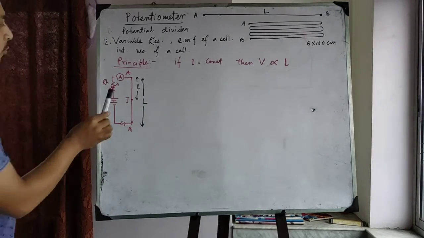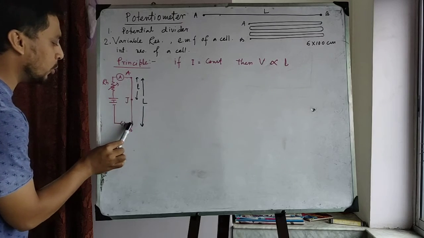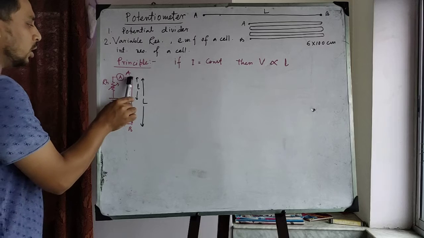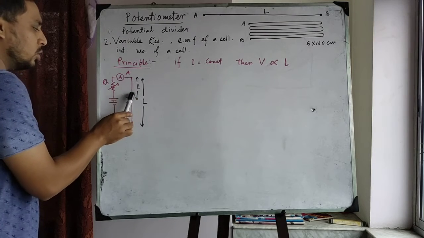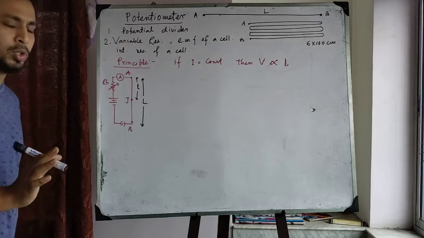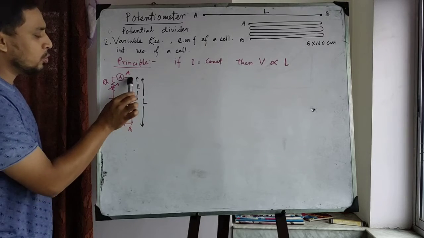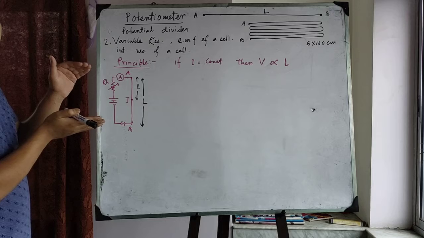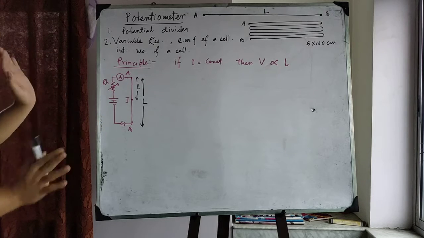Repeating again, the potential difference across any 2 points of the wire is directly proportional to the length of the wire between the 2 points.